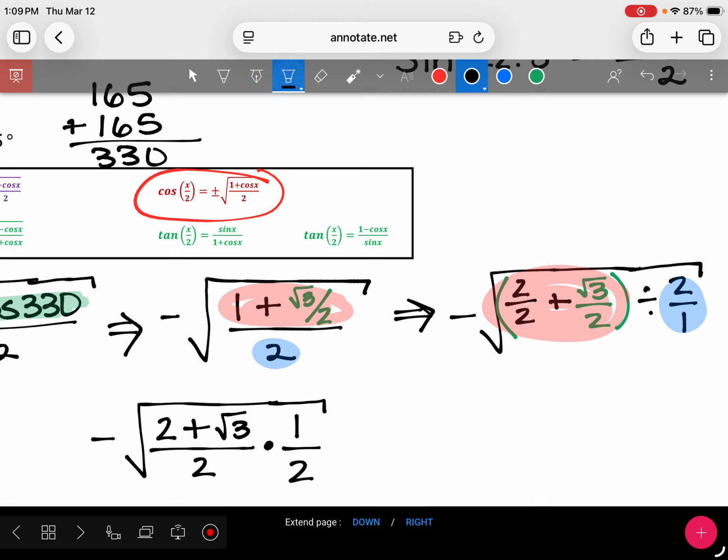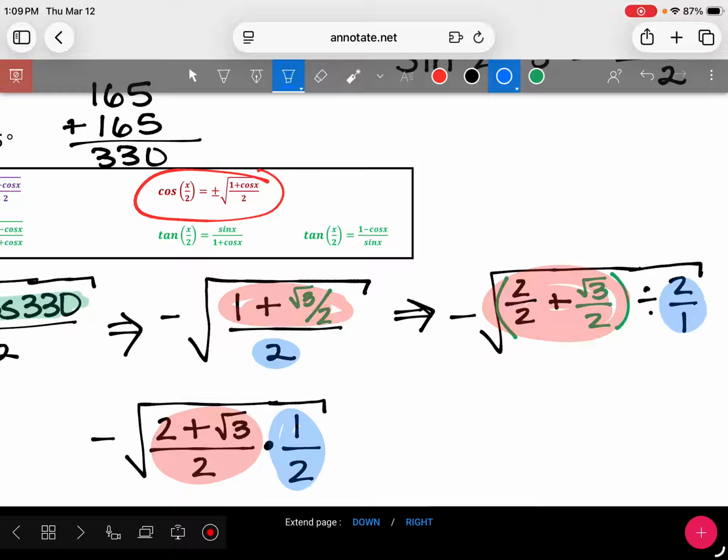So again, I did 2 steps in one. I made one single fraction. And then instead of dividing by 2, I did keep change flip, which means I multiply by 1/2.